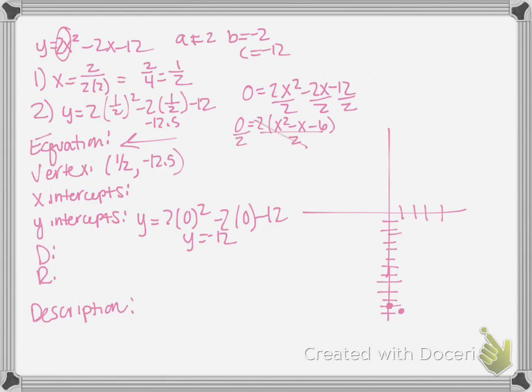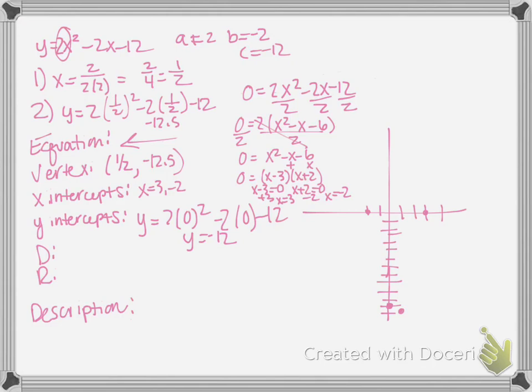So I divide; 0 divided by 2 gets me 0. And then I'm going to factor normally. Multiplies to negative 6, adds to negative 1 is going to be negative 3 and 2. And then I do my zero product property. So x minus 3 equals 0, x plus 2 equals 0. I add 3 and get 3. I subtract 2 and get negative 2. So my x-intercepts are going to be 3 and negative 2. So it crosses my x-axis at 3 and negative 2.